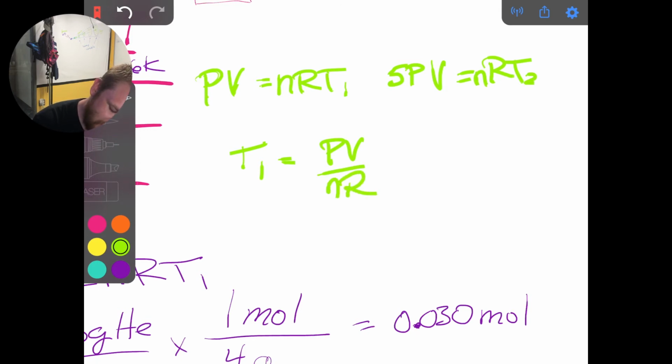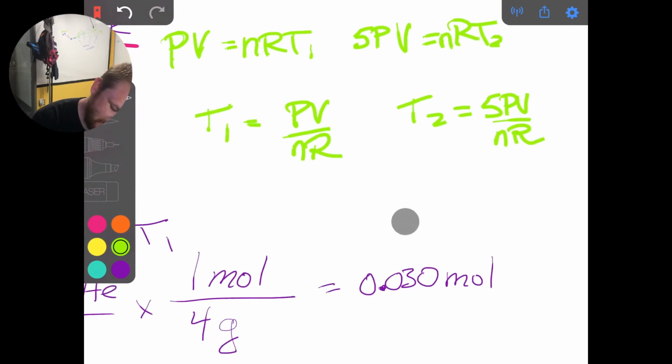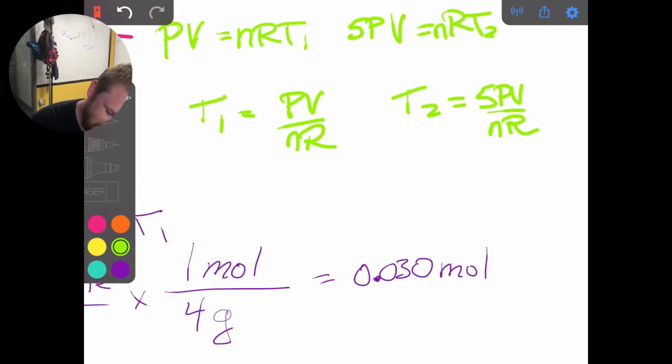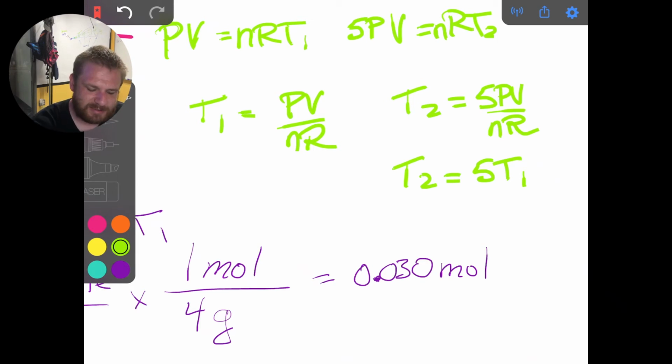And in this equation, we get that T2 is equal to 5PV over NR. And you'll see that PV over NR is just T1, so we end up with T2 is equal to 5 times T1. And T1 was 133 degrees Celsius, so 5 times 133 is 665. Is that what our temperature is?